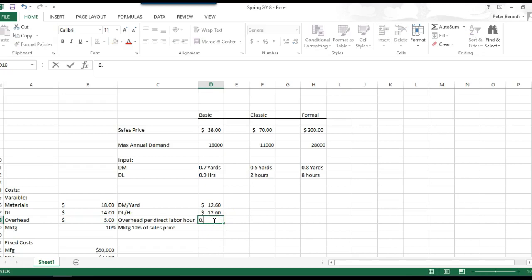So just take 0.9 times 5. Variable overhead is $4.50 per unit. We know the marketing is 10% of sales price, so simply take the sales price and multiply that by 10%.